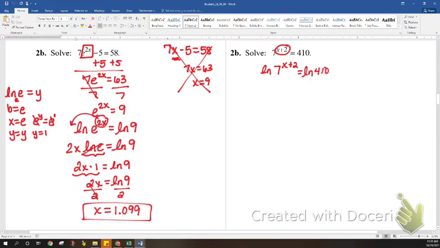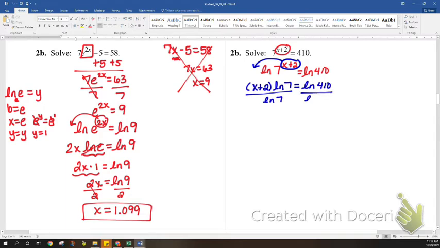Now, when we go to move the exponent in front of its logarithm, it's that x plus 2 together. So I need to put the x plus 2 together in parentheses, okay? So what I'm going to do now is that x is inside the parenthesis with the x plus 2, so I'm going to get rid of that natural log of 7.